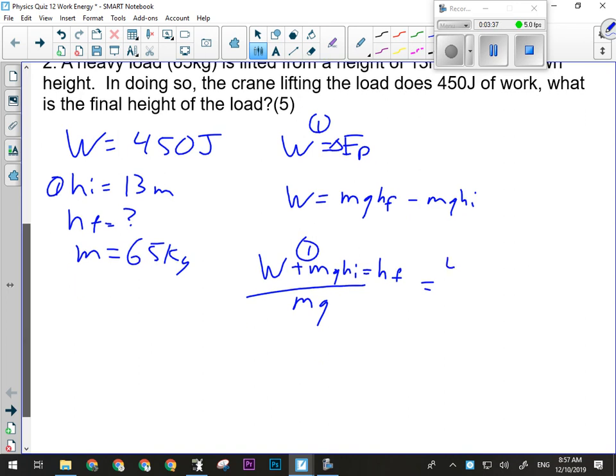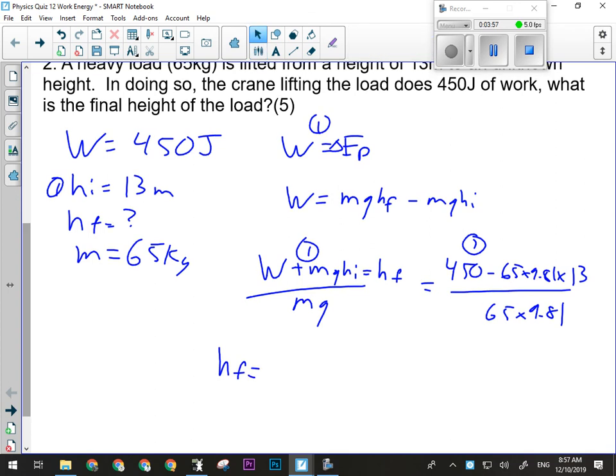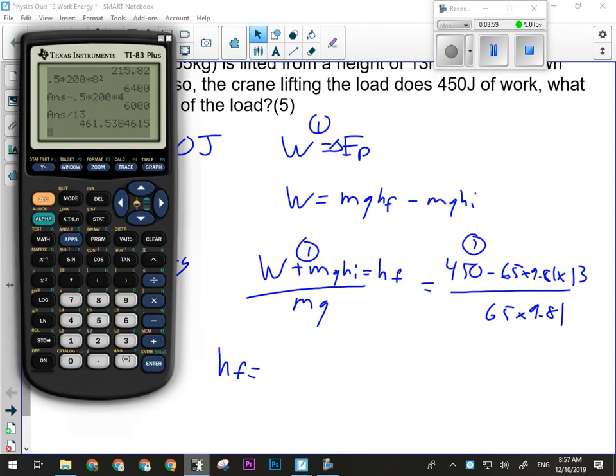So that's going to be 450 joules minus 65 times 9.81 times 13 divided by 65 times 9.81. We can have a mark for that, and that'll give us our final height. So 450 plus, sorry, plus 450 plus 65 times 9.81 times 13.